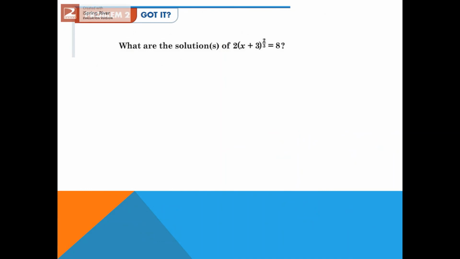Problem number 2. What are the solution or solutions of 2 times x plus 3 raised to 2 over 3 equals 8? I'll give 10 seconds to answer this question. Timer starts now.